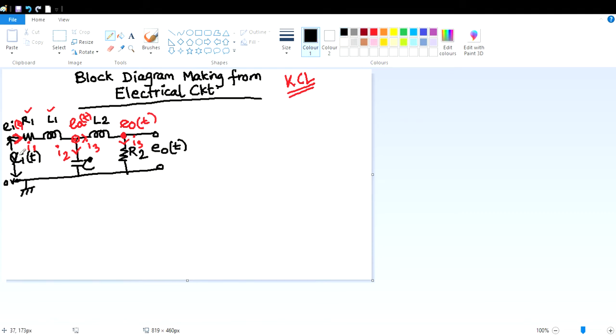I am trying to write this equation EI. So here the value is I1. What is the difference between EI and EA? This is basically the drop by this current I1.